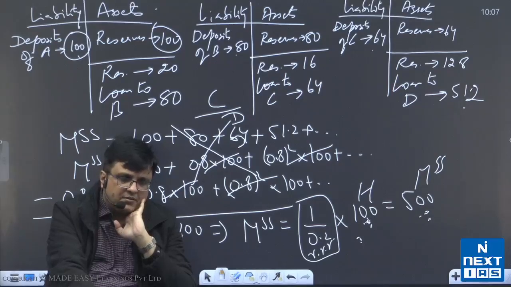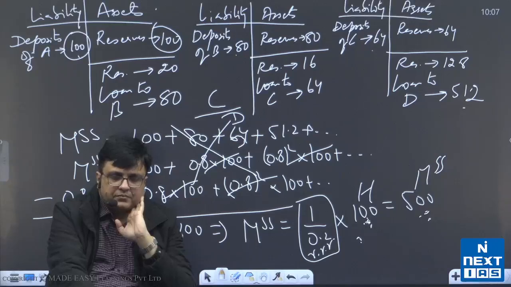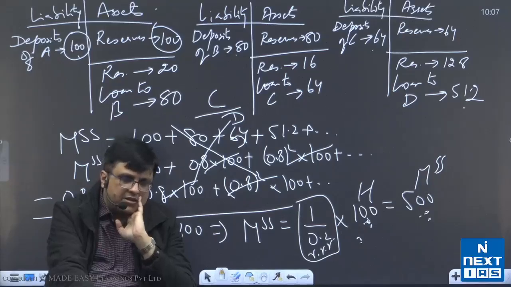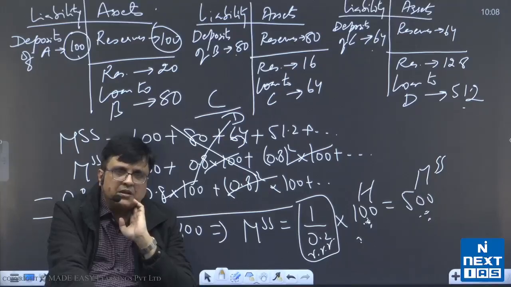Second, there is direct relation between banking habits and money multiplier. Direct relation between banking habits and money multiplier.